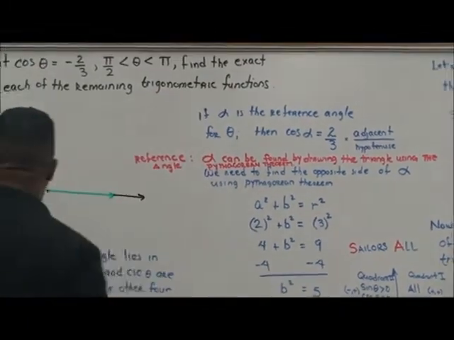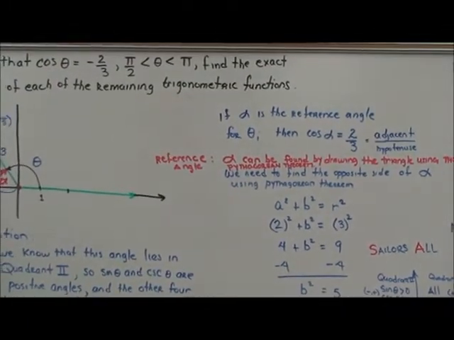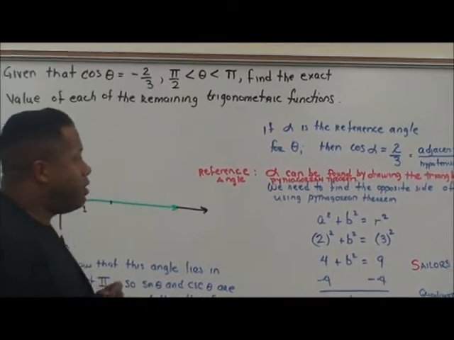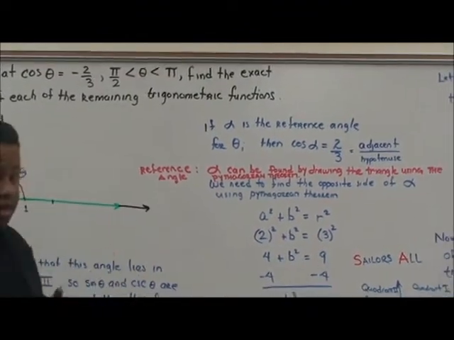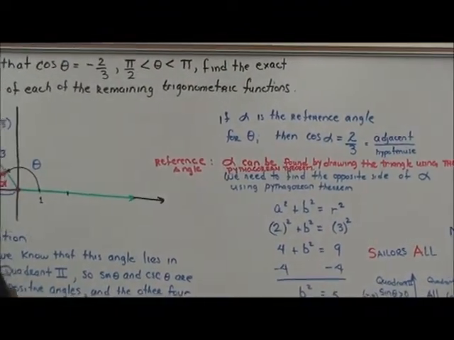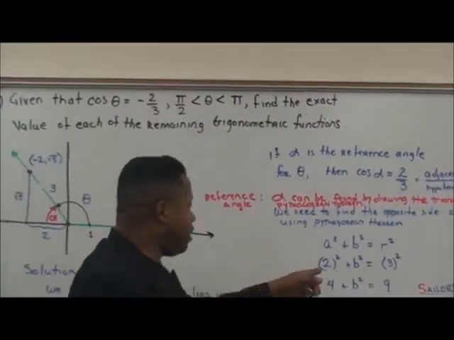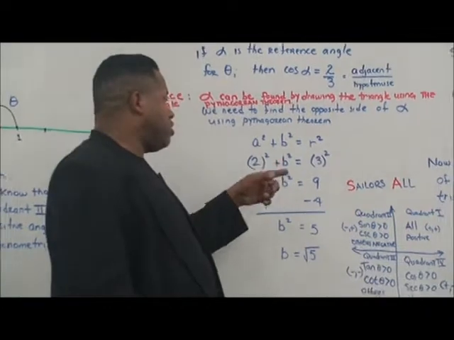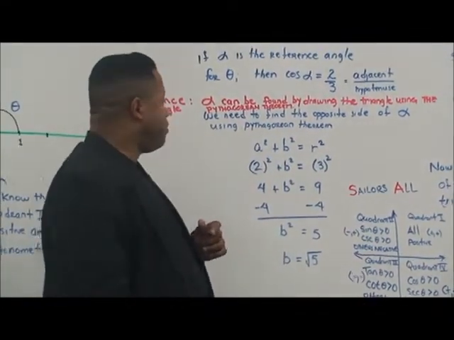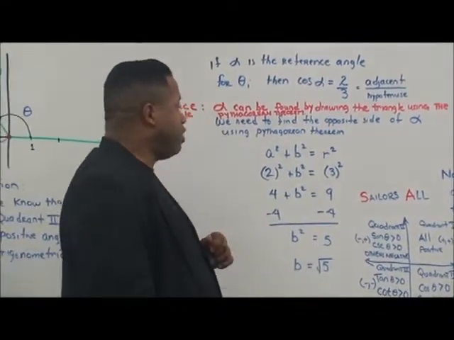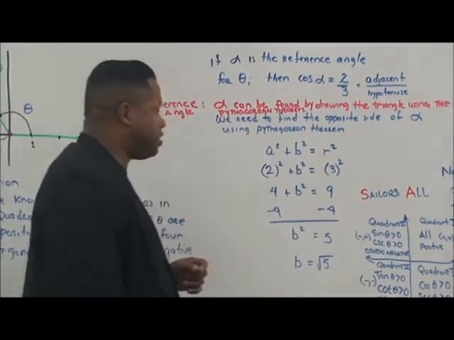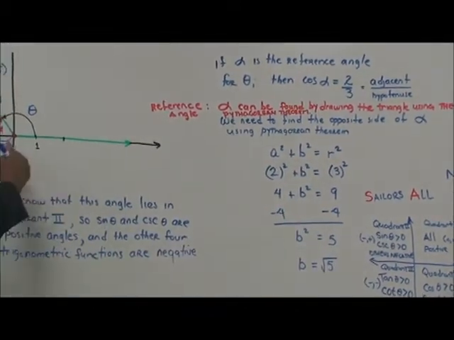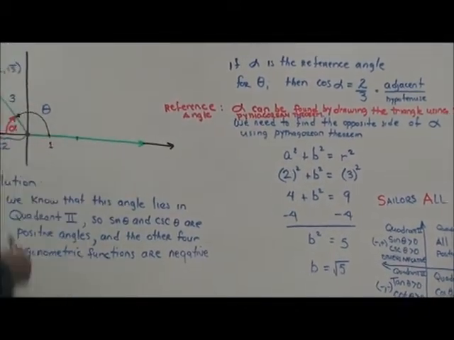Like we did over here, we need to find the opposite side of alpha using the Pythagorean theorem. As you see here, we have 2 squared plus b squared, which we have to find, is equal to 3 squared, which is the hypotenuse in this case, or the radius coming from here to that point.